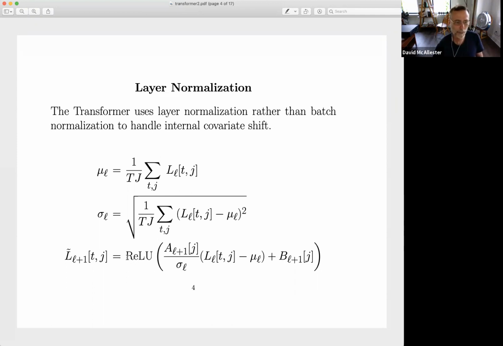And then pumping it through a rectified linear unit. So the normalization is typically done right before you apply a threshold function, an activation function. And this step is the same as batch normalization.